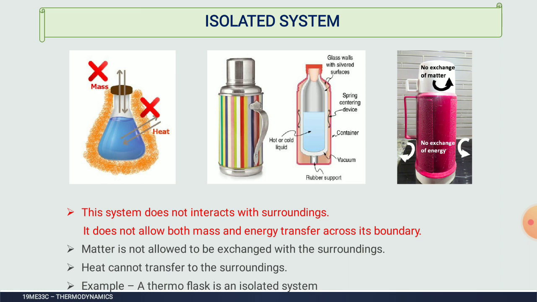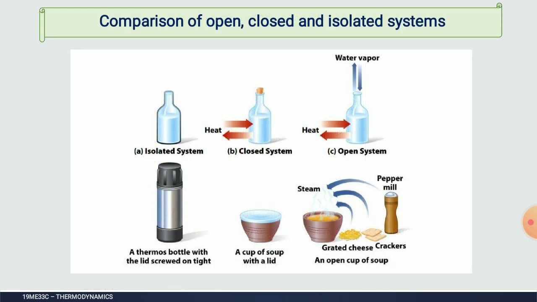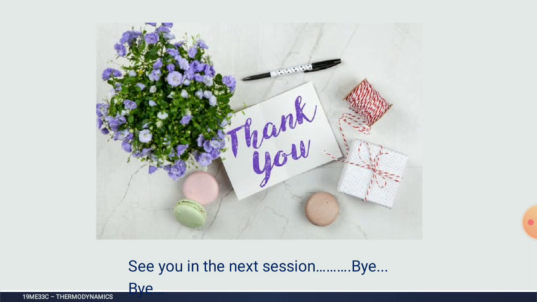This is how the open system is called in another way, the control volume system. These are the classification of systems and examples of systems. This is the comparison of open, closed and isolated systems. Thank you.